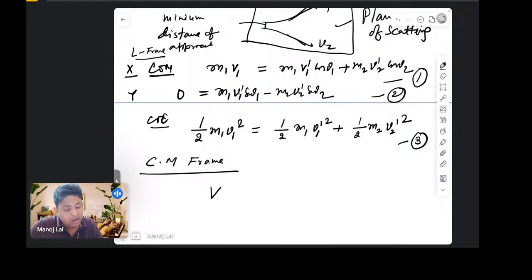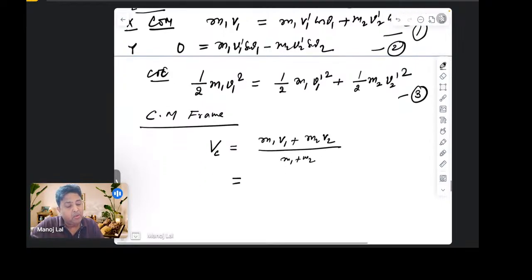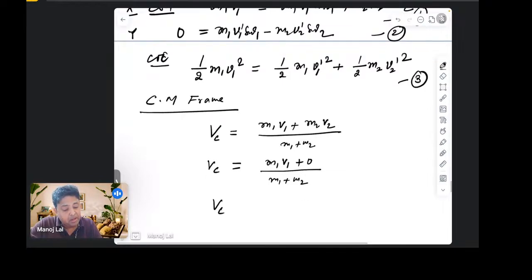The velocity of center of mass is (m1 v1 plus m2 v2) by (m1 plus m2). Here m2 v2 is 0 because this is the target particle we have considered. So the velocity of center of mass is m1 v1 by (m1 plus m2).